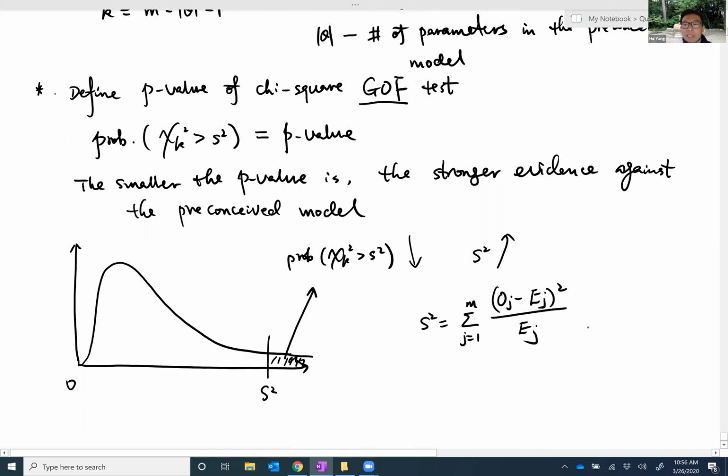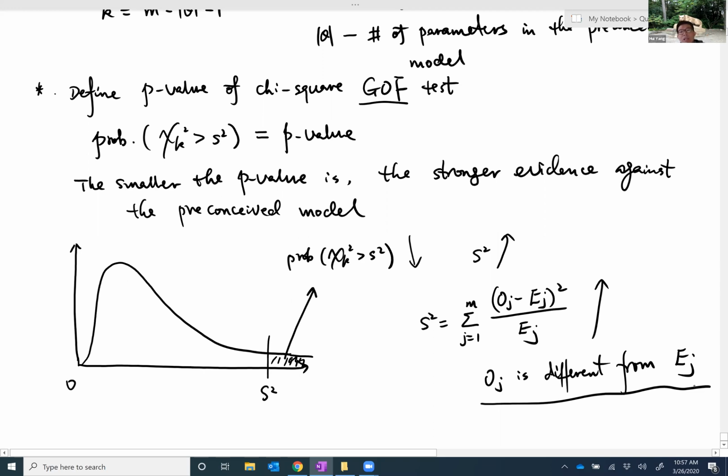You see, if this one is getting bigger, that means OJ has a big difference from EJ. So if OJ is far away from EJ, that means S squared is bigger. S squared bigger means p-value is smaller. P-value smaller means that the preconceived model is not right. That is because your expected observation is very much different from what you have observed. Okay.